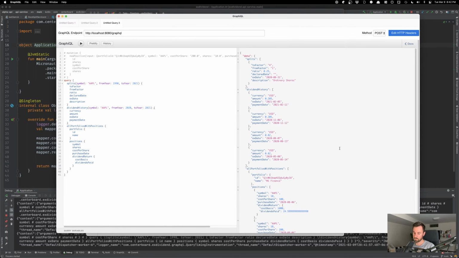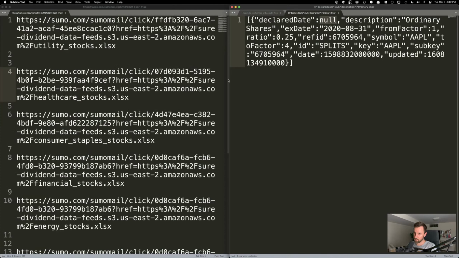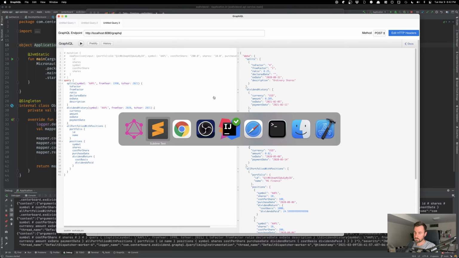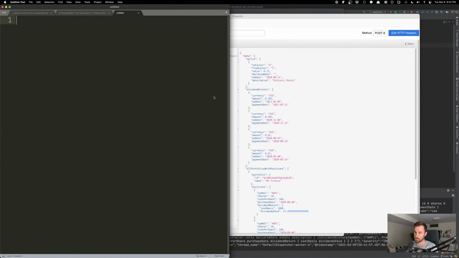Right? So let's do some math here. So I had 10 shares on 2020-08-06.